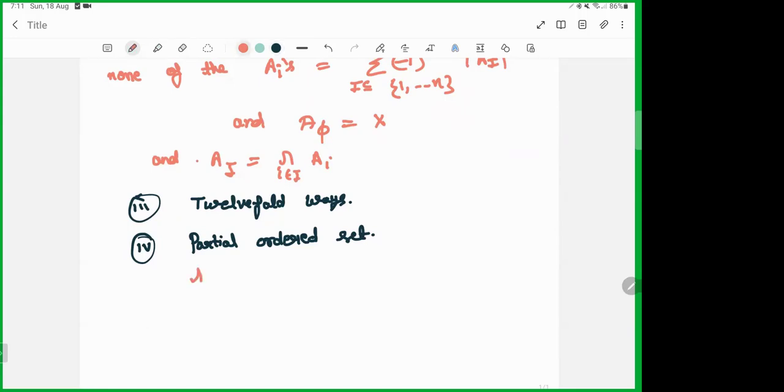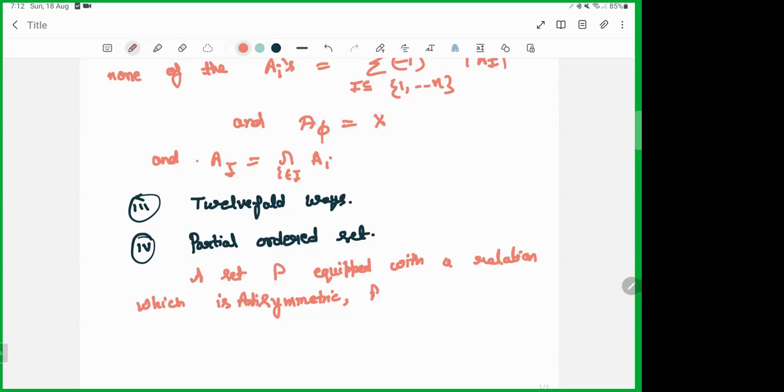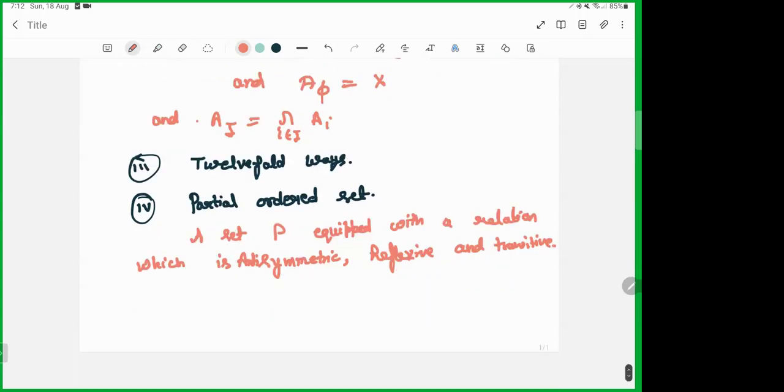A set P equipped with a relation which is reflexive, anti-symmetric, and transitive. I hope the terms are clear.